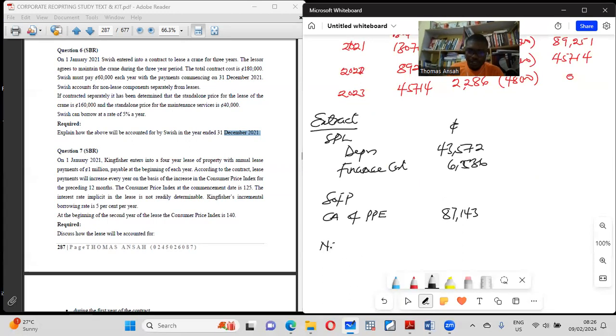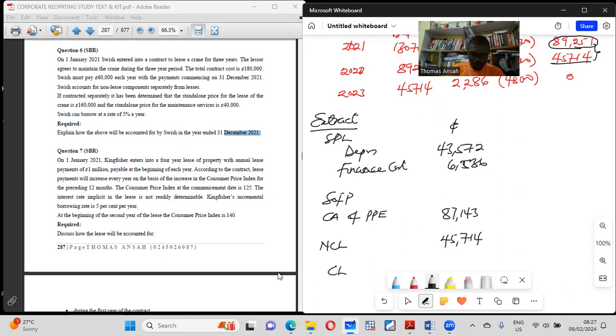Then I have my NCL, which will be this figure, because this figure is split into two, and that is from our first lecture video. You have to split it into two. So the part that will be my NCL will be the 45,714, and the difference between these two will be my CL.